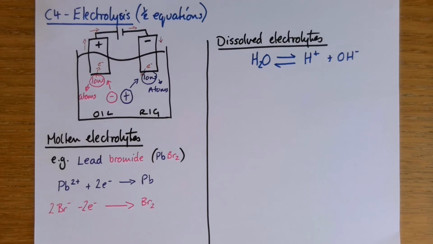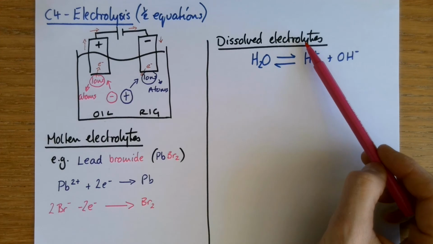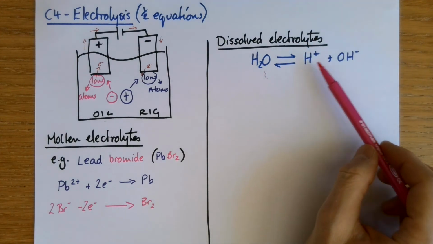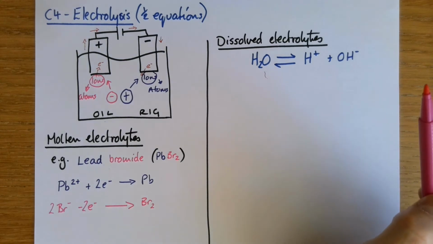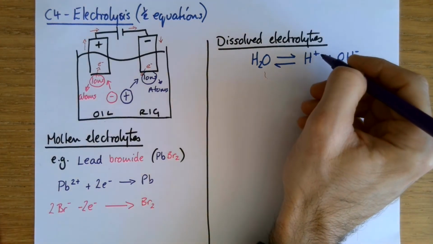Right then, let's move on to the next slide. The next possibility is when we look at dissolved electrolytes. This time, because we're using water, we might have hydrogen ions and hydroxide ions to deal with as well. So let's look at a couple of examples, because there's a couple of rules that we need to follow with this also. Let's start with our positive ions.